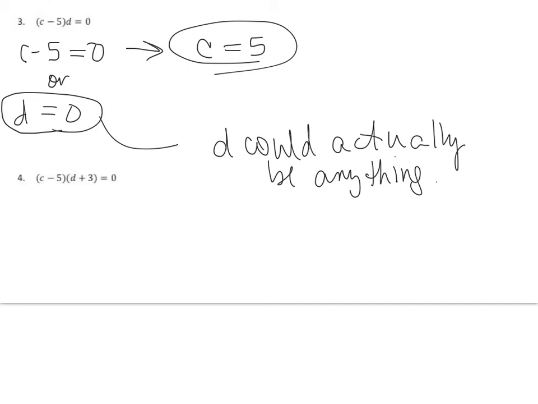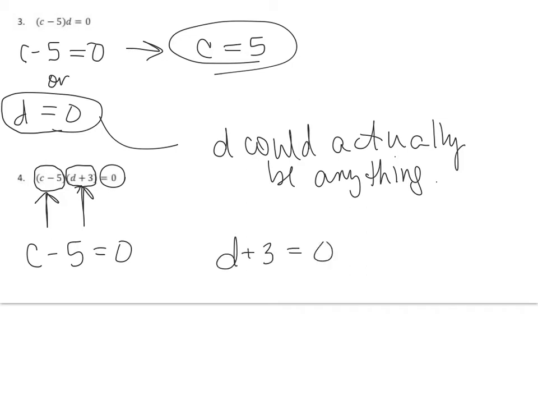Okay, we're getting just a little bit more complicated. Here I have two binomials now. Our product property rule holds. So this could be 0, or that could be 0 to get 0 for an answer. So we take each binomial and set it equal to 0 and find out what the variable is. So add 5 to both sides. I have C equals 5. Minus 3 from both sides.